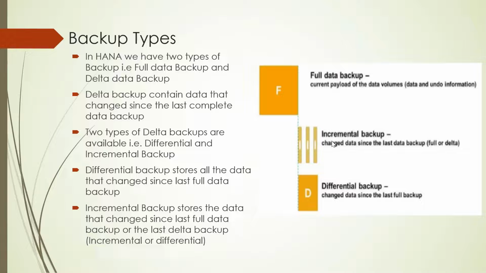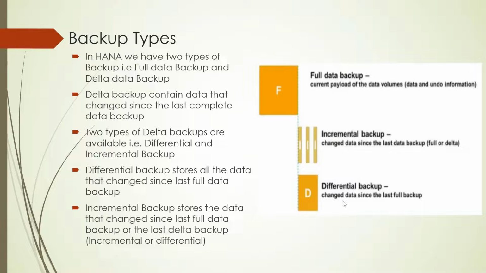Okay, as in the example I gave, we can have Sunday full backups, then Monday to Saturday incremental backups. To start the incremental backups on Monday, you should have full backups or delta backups completed before that. Differential backup is also the same as incremental backups, but differential backups require the full database backups.